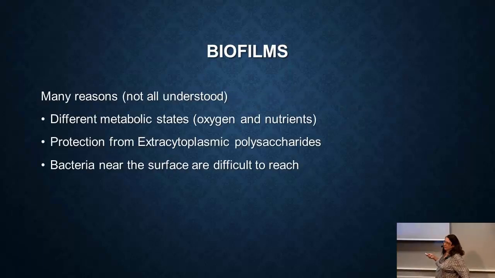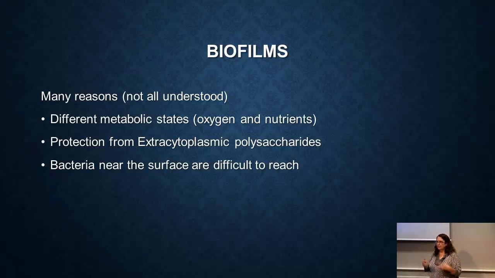So there are many reasons, and we don't know all the reasons yet. I mean, people are studying this a lot. There are also different metabolic states for these cells. So the cells that are near the surface or deeper in the biofilm, they don't get much air, they don't get much oxygen, and they also might be limited for nutrients.